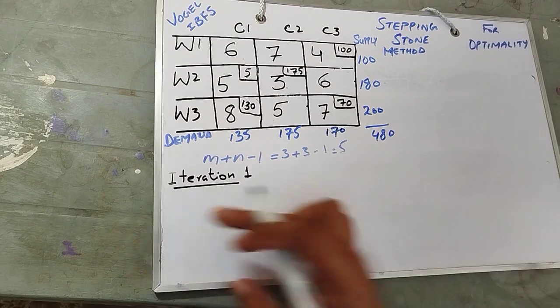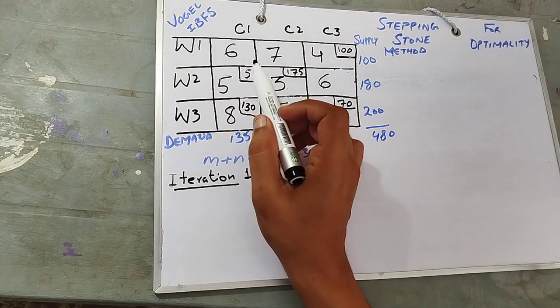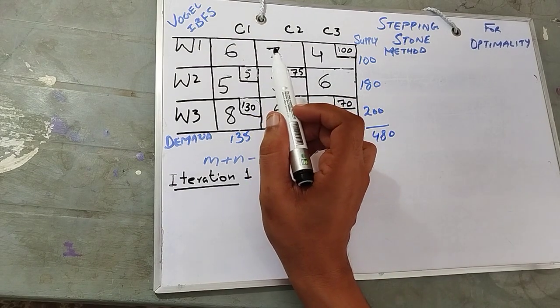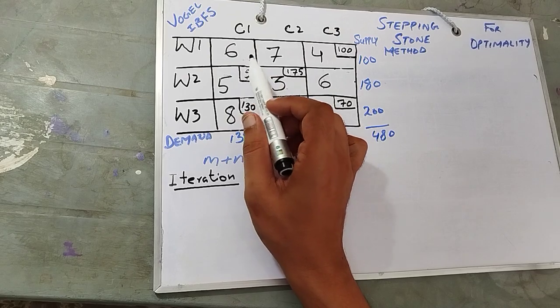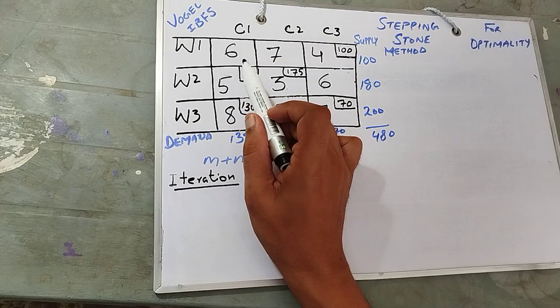So now you see, in the first iteration, what do we have to do? In the first iteration, we have to work upon all of the unallocated cells.